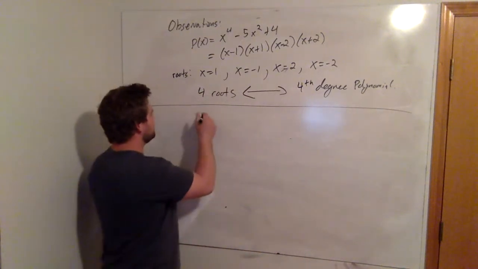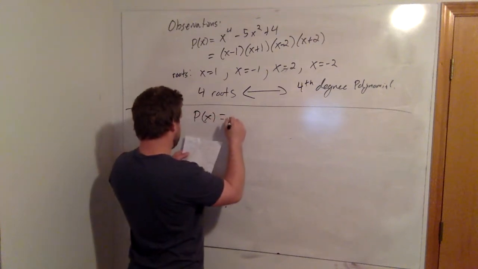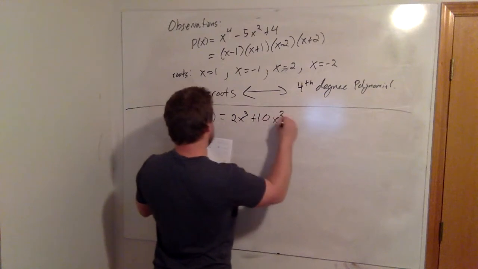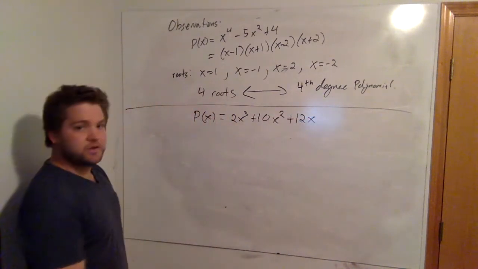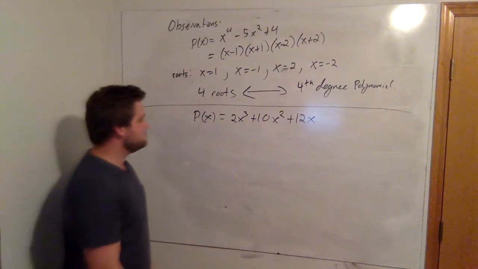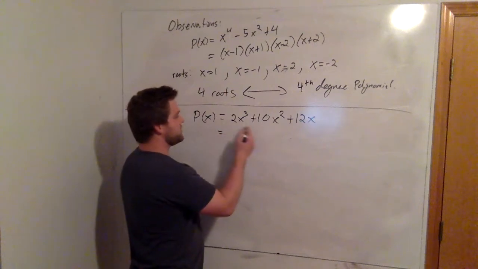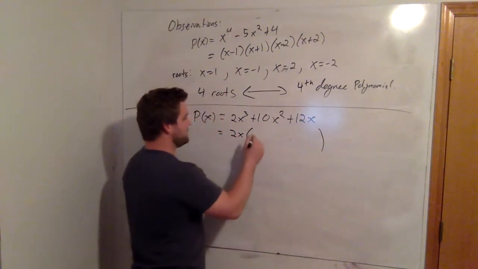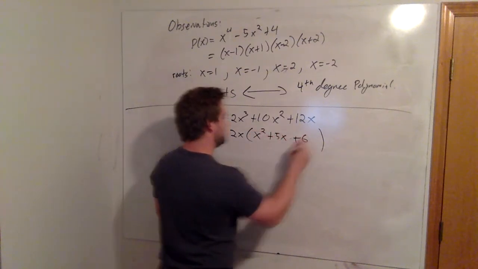Let's do something really simple. Let's say I have a polynomial p of x, say 2x cubed plus 10x squared plus 12x. Here we have a 3rd degree polynomial. Let's see if it has 3 roots. I notice I have a common factor of 2x that I can factor out of this polynomial. I'll be left with x squared plus 5x plus 6.